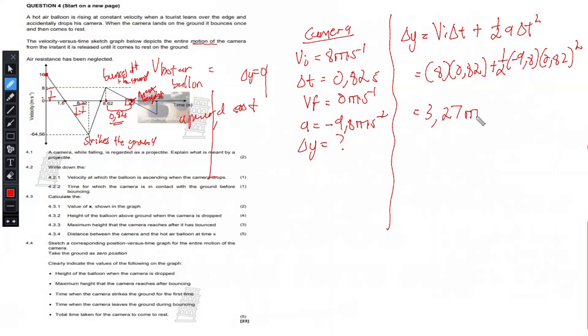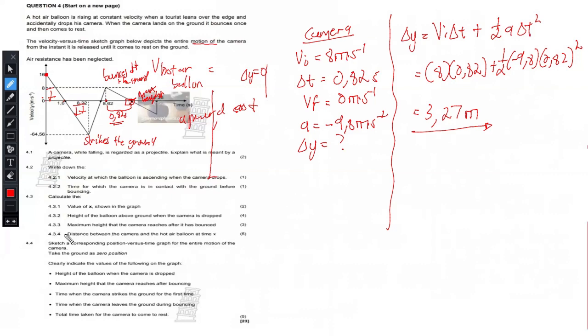So obviously, if you use other formulas, there might be a difference in terms of your decimals. But it should be round about there. So 3.27 meters.